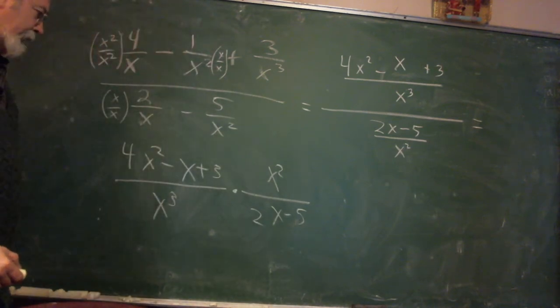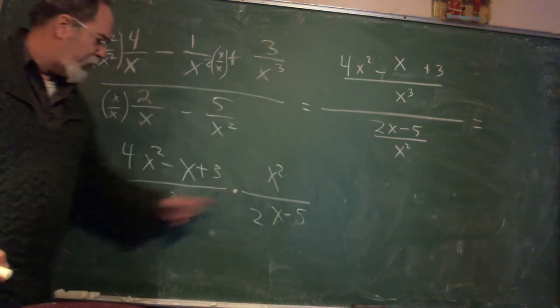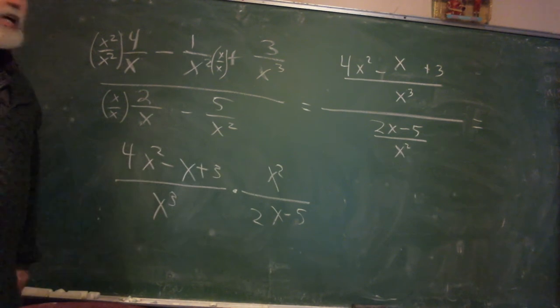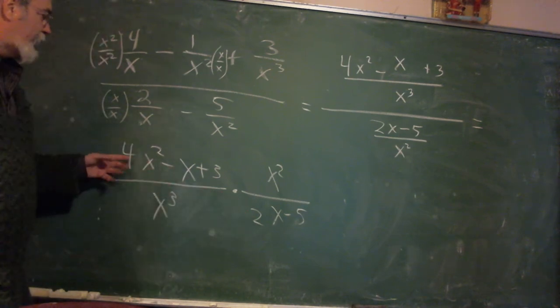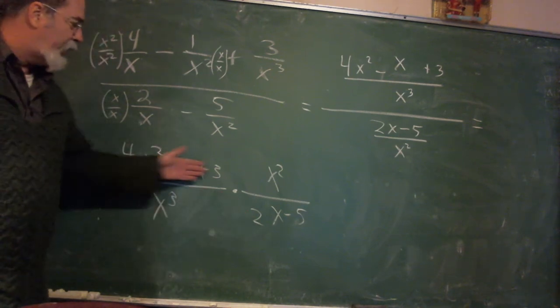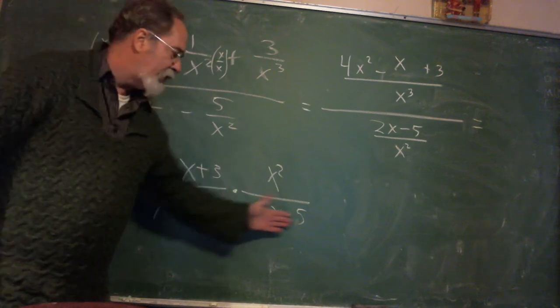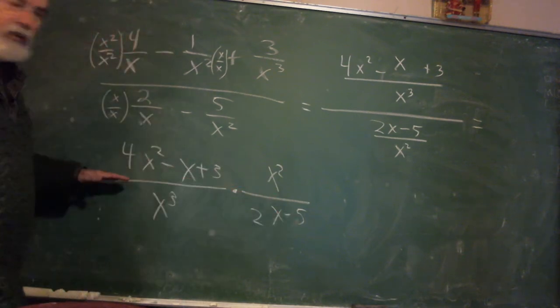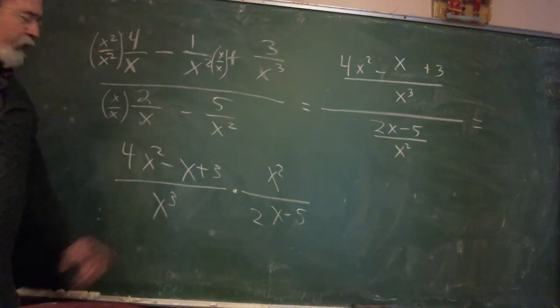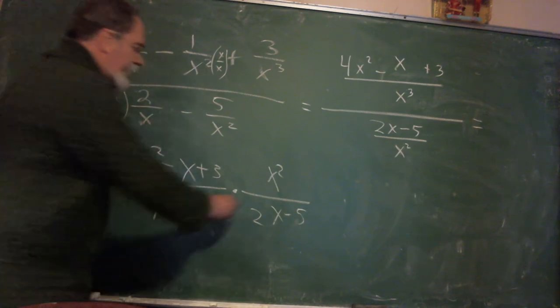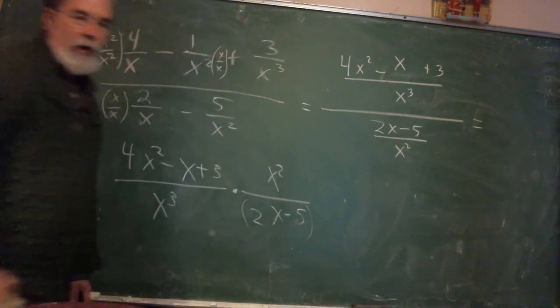All right. I can cancel an x squared out of that x cubed because they're in position to cancel. Can I cancel a 2 with that 4? No, because this 4 isn't times everything. This 2 isn't times everything. So I can't cancel with a big division symbol unless the thing that I'm canceling is connected by multiplication to everything. Well, this x cubed is connected to the entire denominator by multiplication.